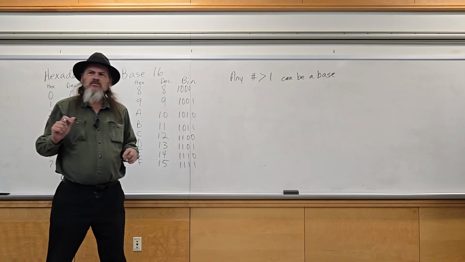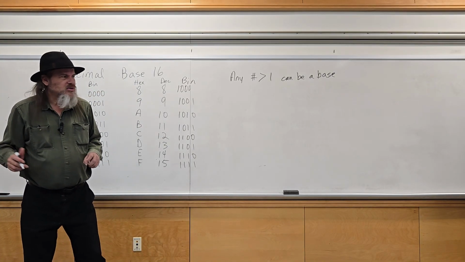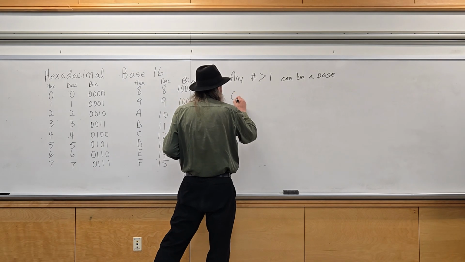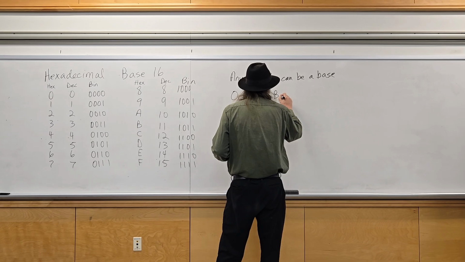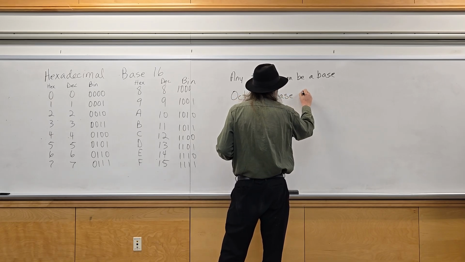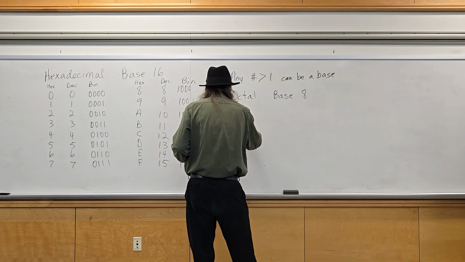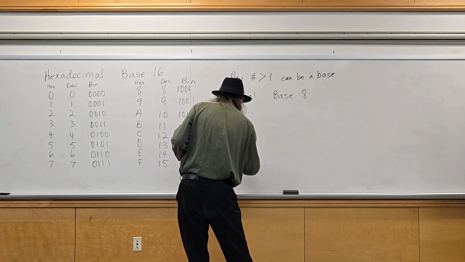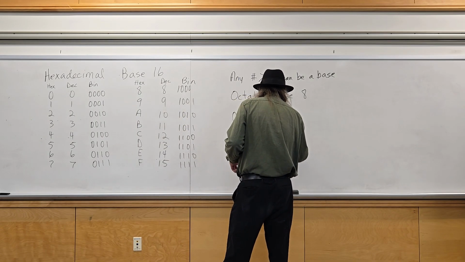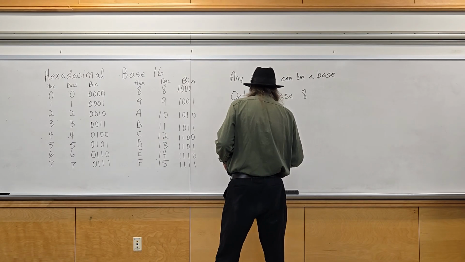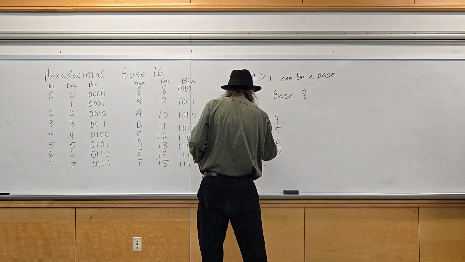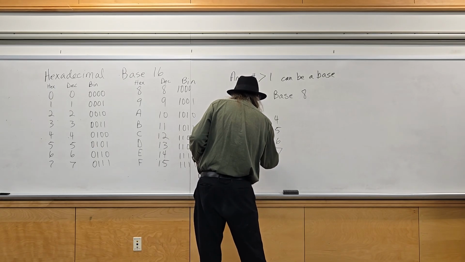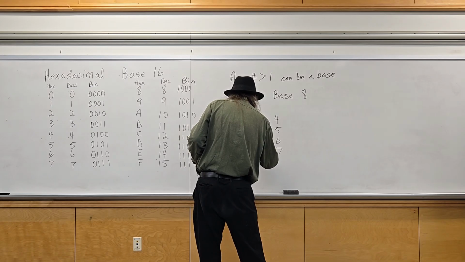In older computer systems, you'll run into what's called octal, which is base 8. And the octal digits correspond to binary groups of 3 in binary.